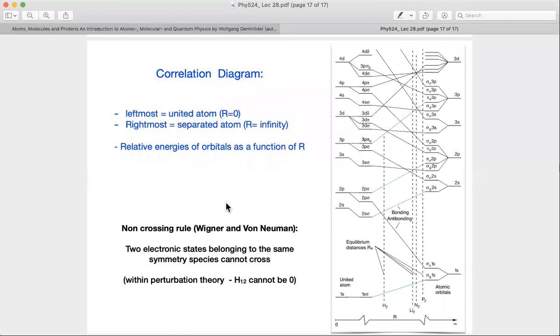Here we have the opposite: we are arguing that two bands will not cross each other as long as they have the same symmetry. So this protects the ordering of the energy levels in some sense, but not always, because gerade and ungerade states can in principle cross each other.